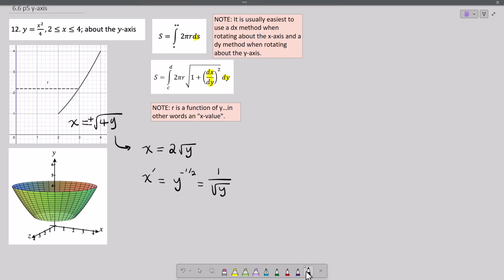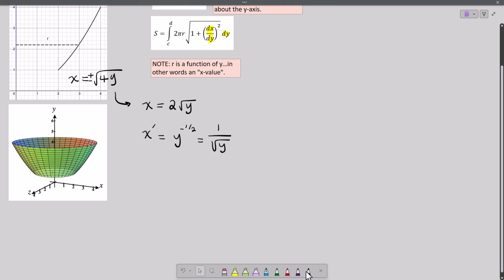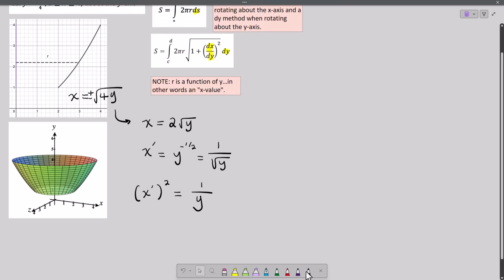So that is the derivative. And then we have to square this derivative, so x prime squared. We square the 1 and we square the square root of y, and we get 1 over y as x prime squared. And so that is dx dy. x prime is dx dy, just like y prime is dy dx.